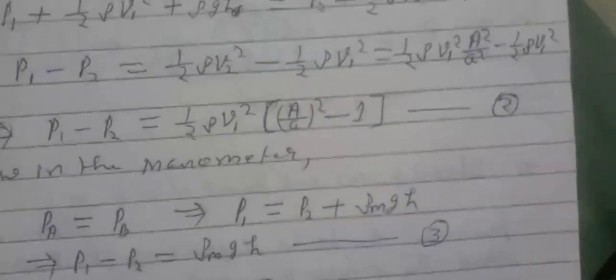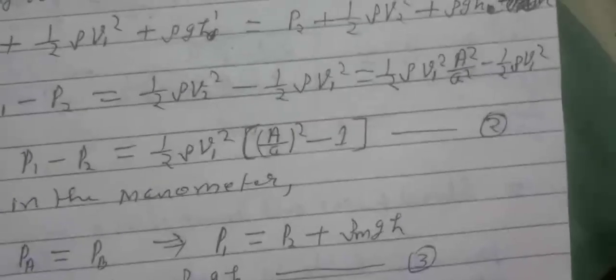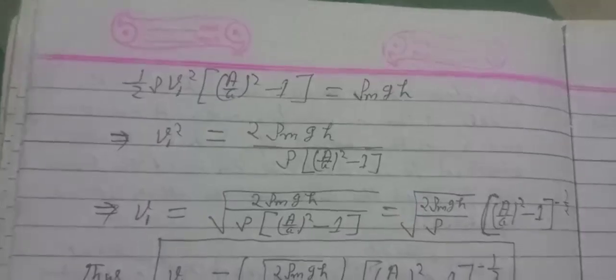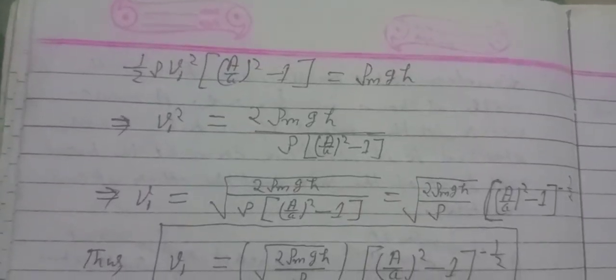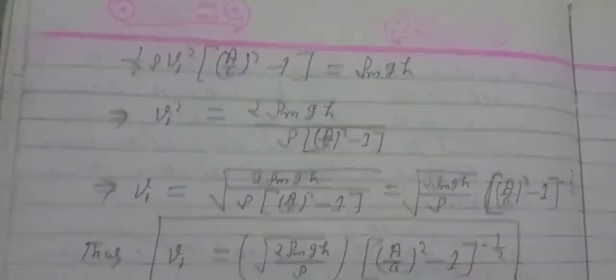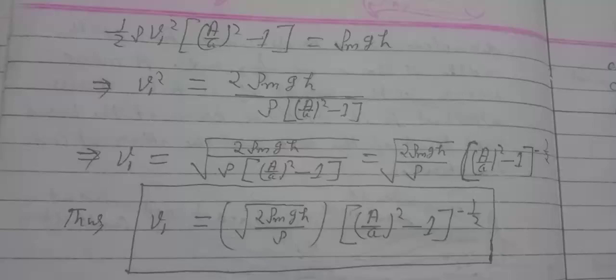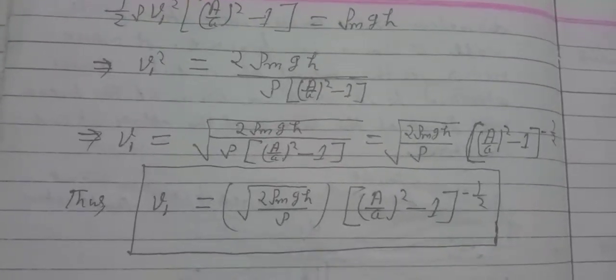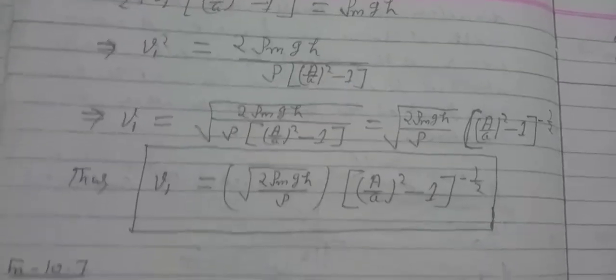Hence from equation 2 and 3 we have 1 by 2 rho into V1 square into under bracket A by a to the whole square minus 1 equals to rho m into g into H. This implies V1 square equals to 2 into rho m into g into H by rho into under bracket A by a whole square minus 1.